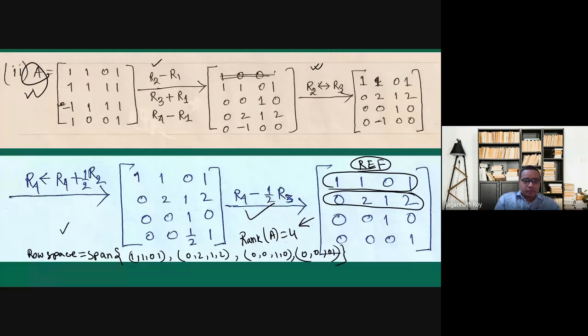The dimension of this row space is 4, and these 4 vectors will form a basis for this row space. So this is how we apply the concept of row echelon form to find the rank of a matrix.